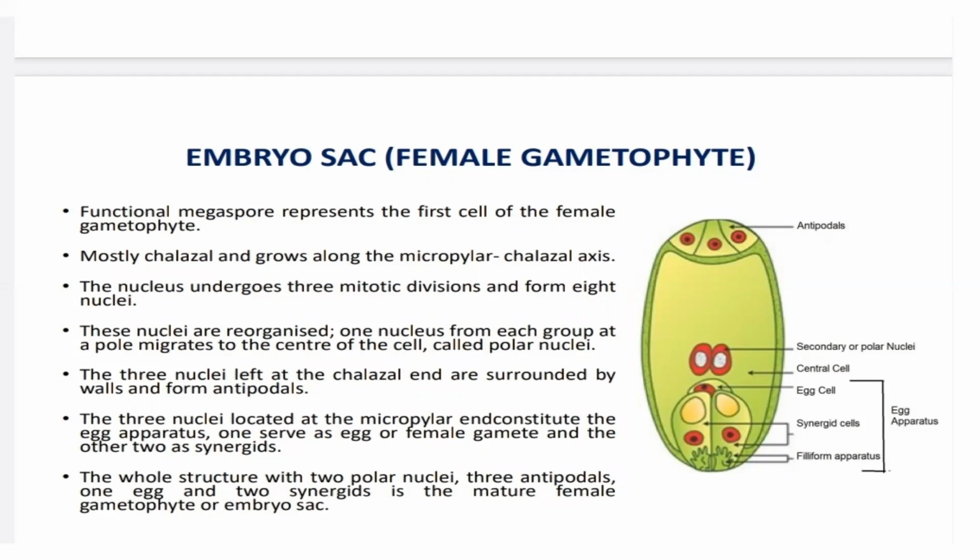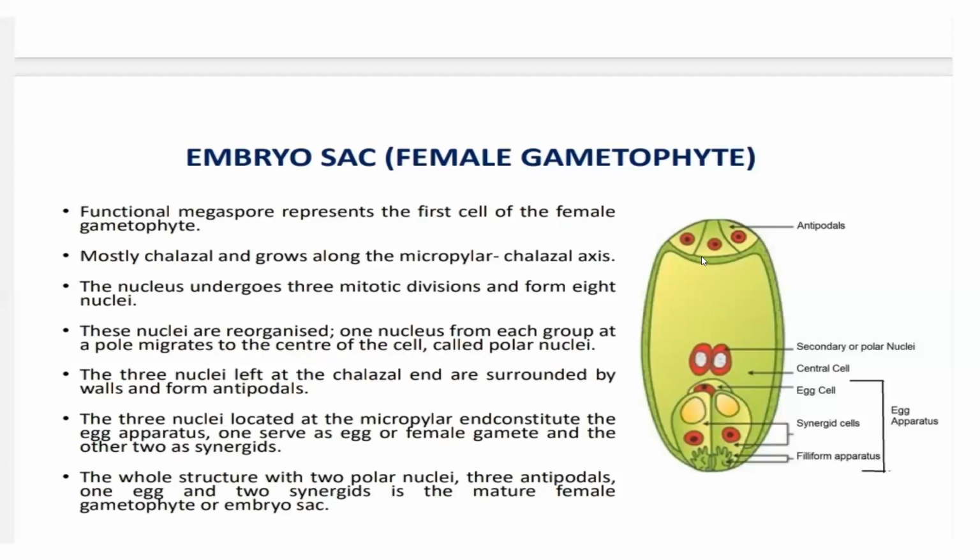There is much variation among families as regards the presence of two integuments. The number is constant in most families, and rarely unitegmic and bitegmic ovules occur in the same family. This is the complete structure of the ovule.